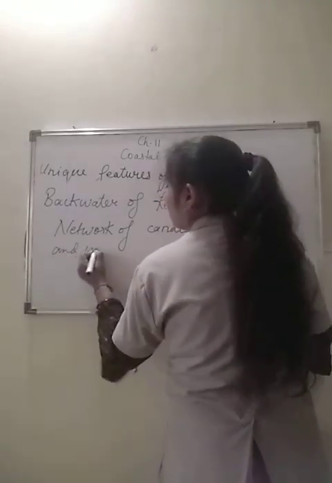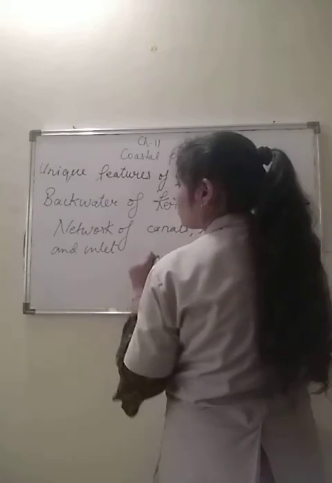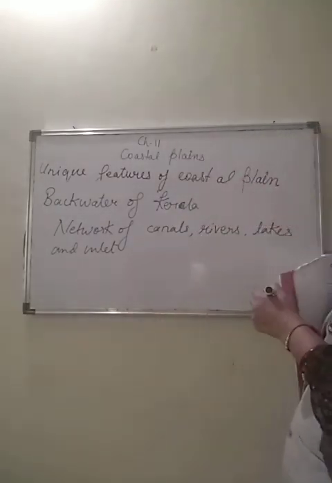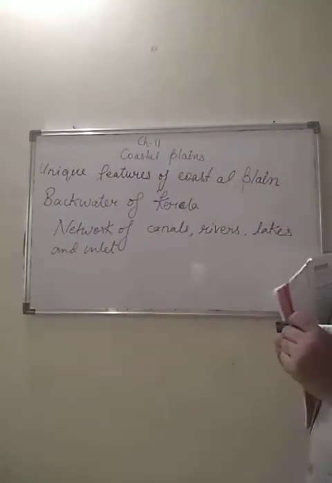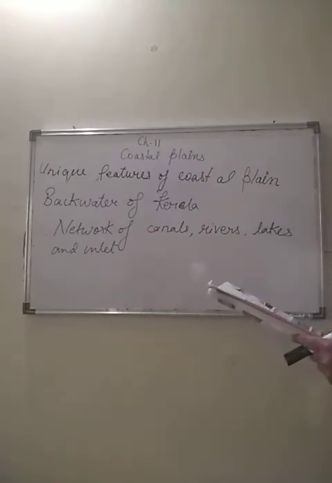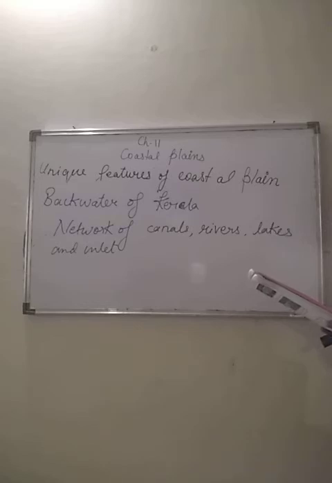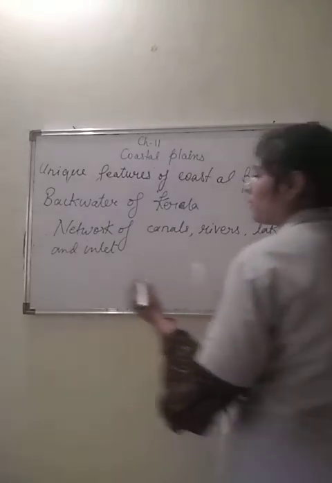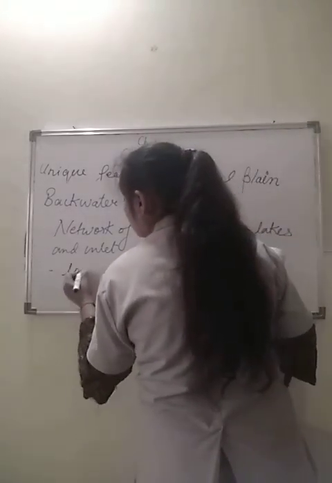What is an inlet? It means through which the water enters. So these things are forming the backwater of Kerala. It is formed by 900 kilometers of waterways. The scenic backwaters are one of the most popular tourist destinations in the world. So they also hold tourist importance.